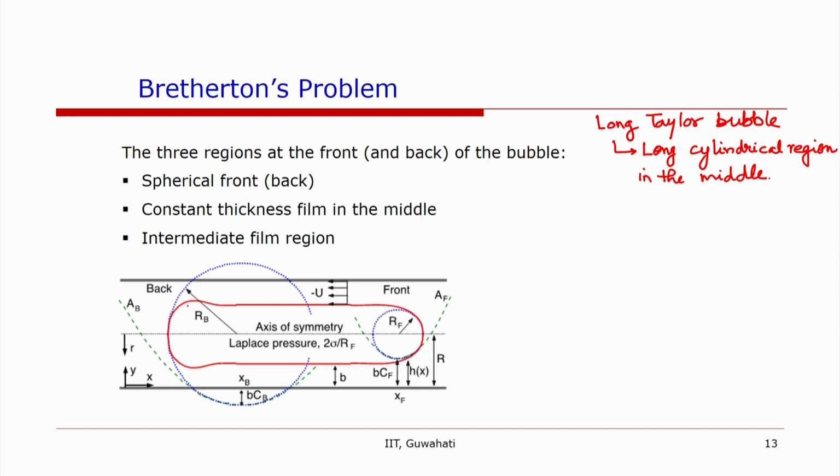At the back, at very low velocities this might be almost the same as at the front, but at high velocities the bubble tail becomes flatter and flatter. So at the back of the bubble also you can fit part of a sphere, and in between is the film thickness. So he suggested that we can analyze the two parts of the bubble, front and back, independently.